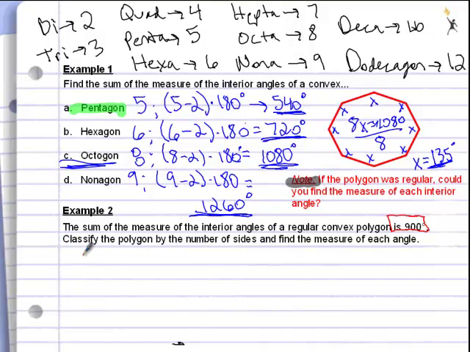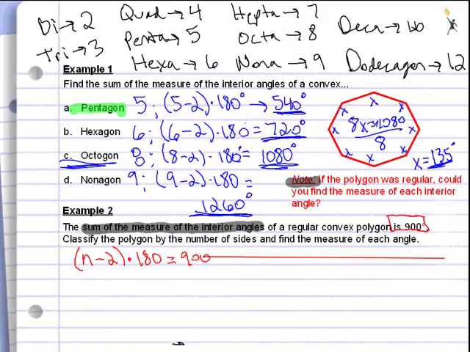We can take the formula n minus 2 times 180, which gives me the interior angle sum. Well, they just told me the interior angle sum is 900, which means it equals 900.